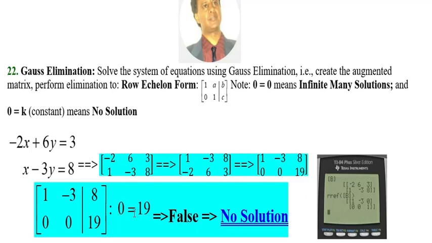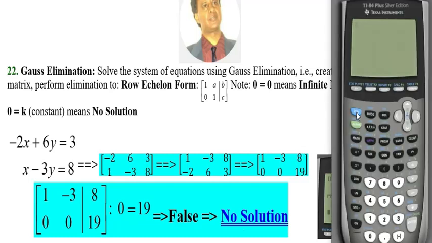It is the same, 0 equals 19 and 0 equals 1 mean the same thing. It is 0 equals some constant number, which is false. It is no solution. And here it is. So second matrix, edit, matrix B, it is 2 by 3.